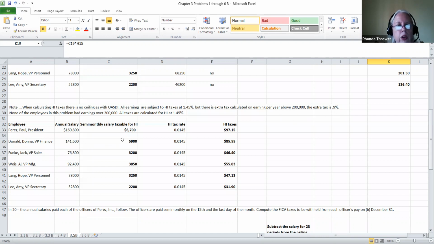So what you had to do is find the semi-monthly taxable amount, which was taking this and dividing it by 24, and then you multiply it by 1.45%. Because none of these employees went over 200,000, you simply multiply by the tax rate to get the HI taxes.